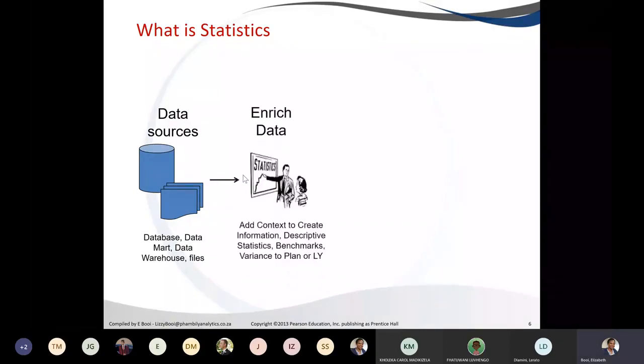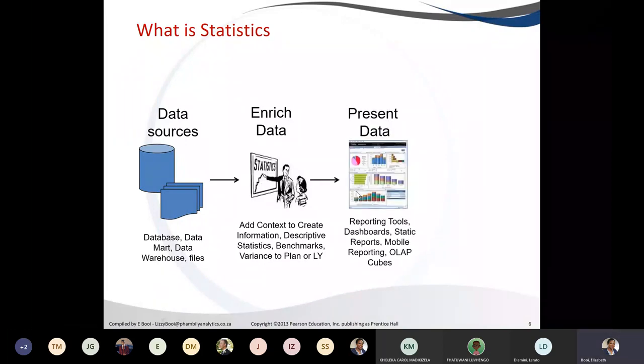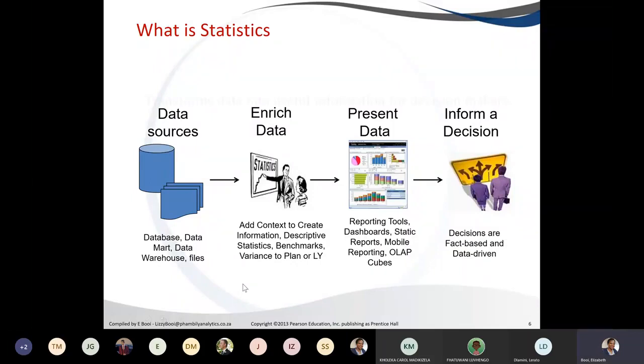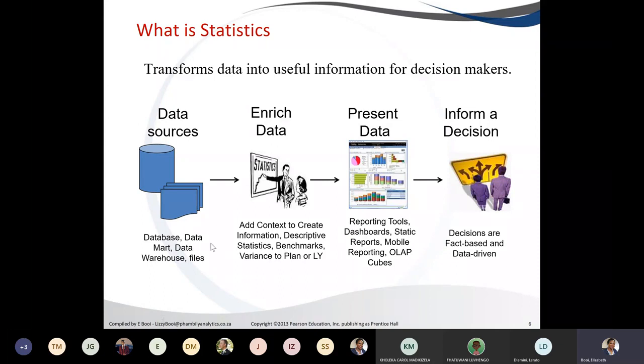And we take that data, we enrich it by doing some calculations, calculating some averages and so forth, and then visualize it in nice tables and charts and forms and present it so that people who make decisions can make informed decisions based on the data that they see. So in a nutshell, statistics is a method where we transform data into useful information for decision making. And that's all what statistics is about.